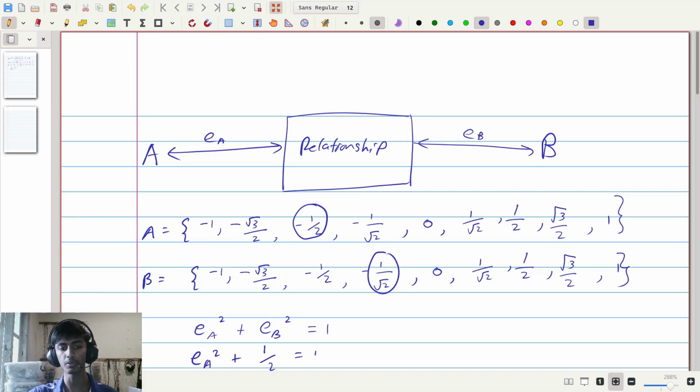So the element of A squared plus 1 over 2 is equal to 1, which means the element of A squared is equal to half. So what are the possible solutions for this one? Again, there are two. This is a solution and this is a solution. When you square both of these, you get a half, which works. Negative 1 over root 2 and 1 over root 2 both square to give you half. So here, any input in B is also mapping to multiple inputs in A.